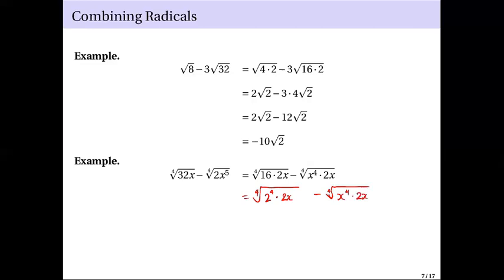And then you can separate them. You have fourth root of 2 to the power 4 times fourth root of 2x minus fourth root of x to the power 4 times fourth root of 2x.